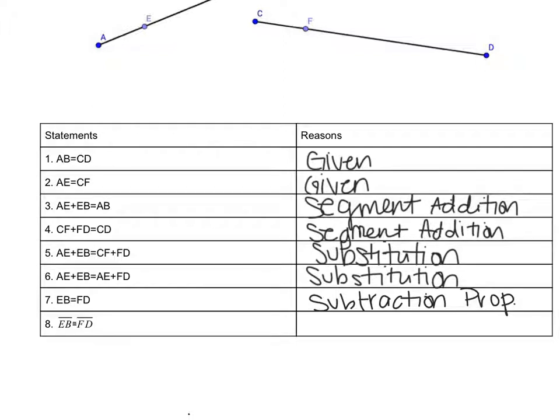And our last statement, which is what we were trying to prove, says that EB is congruent to FD. Remember, definition of congruence, if two segments or angles are equal, then they are congruent. So our last reason would be the definition of congruence.